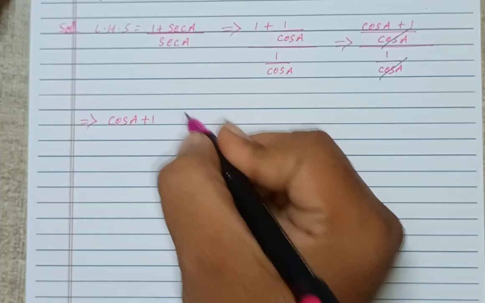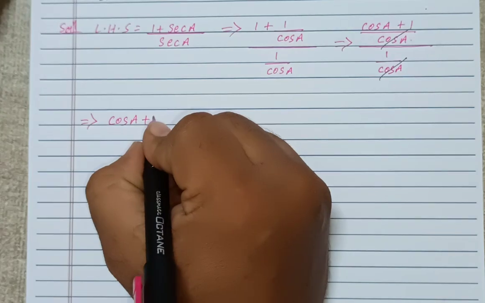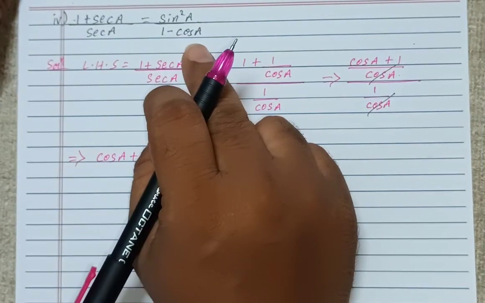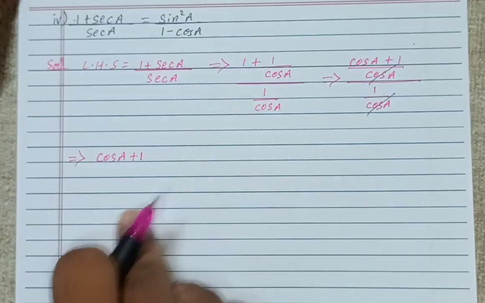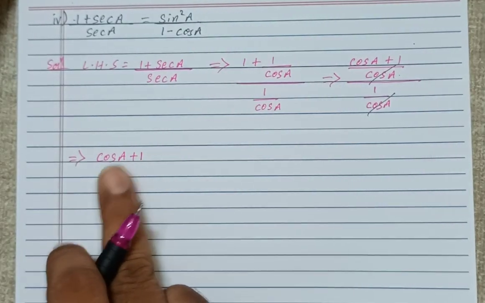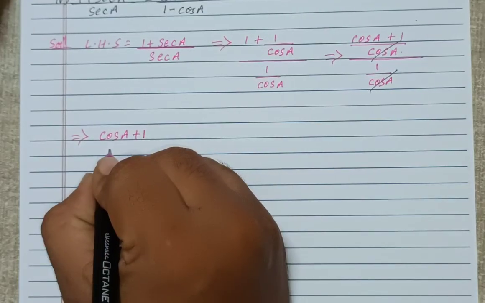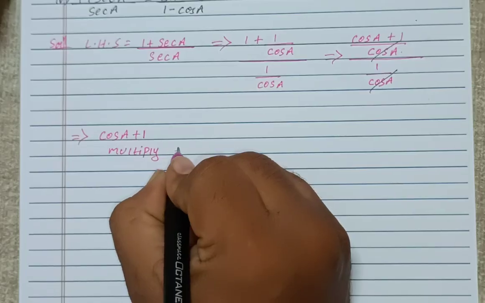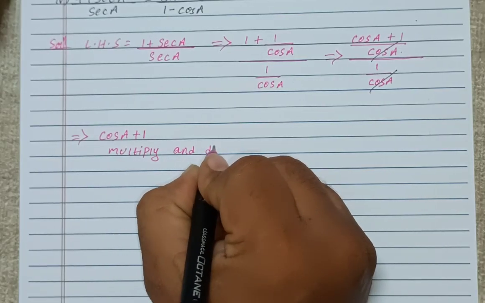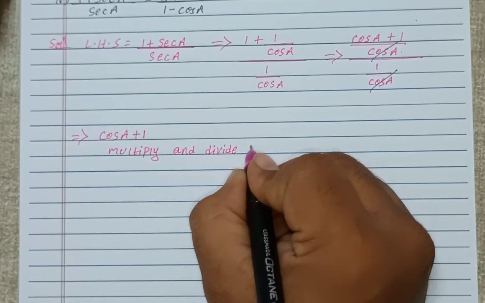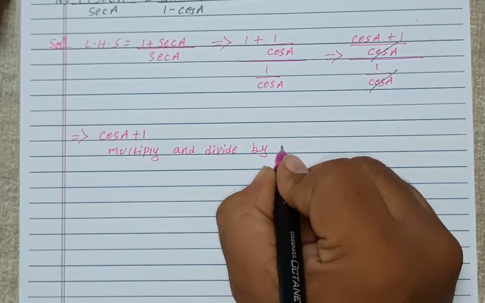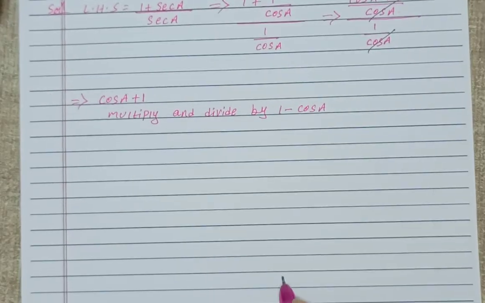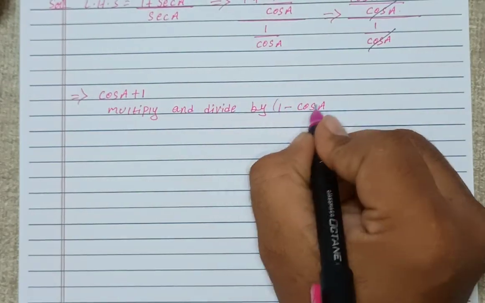cos A plus 1. Now it cannot end here itself, because in the RHS they have mentioned 1 minus cos A, but we have the value of 1 plus cos A. So to get that, we will add one step here, that is, multiply and divide by 1 minus cos A. Okay.